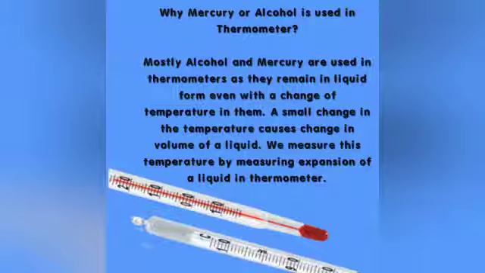So there is a change in state, but the alcohol or mercury remains in the liquid form even with the change of temperature. These two liquids are used in thermometers because of this reason. They don't change their state with the change of temperature.